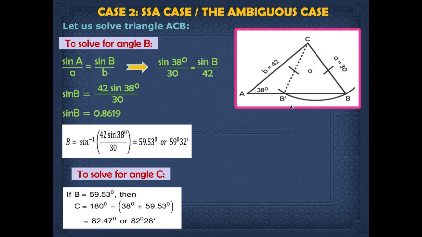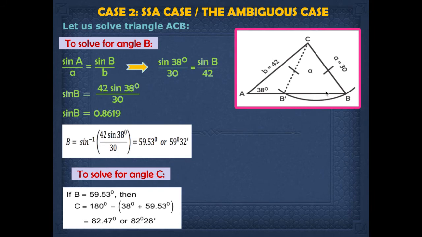What other parts of the triangle are missing? Here we have side a, we have side b. So this side here is missing. This side is side AB, or we can also call it side c.